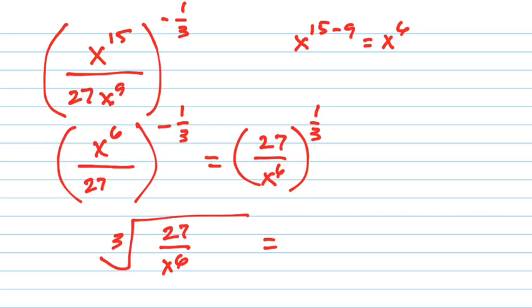Now, I'm going to show you this written out, and you don't have to do this, but I swear to you later in life that could make your life easier. That's the same as saying the cube root of 27 over the cube root of x to the 6th. The only reason I do that is because sometimes you can take the cube root of part of it and not the other part.